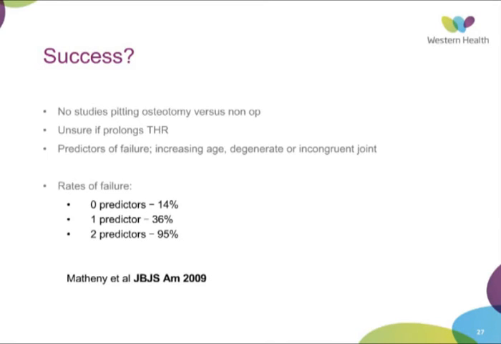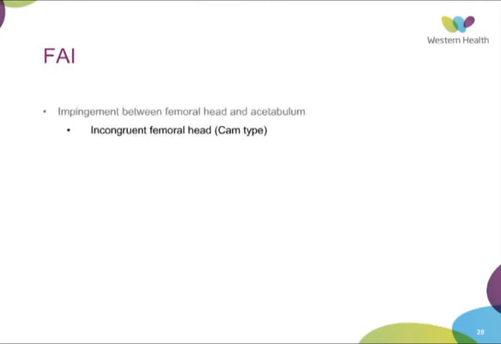Talk about FAI now. It's the second cause of pre-arthritic hips in young patients, and that's impingement, as the name suggests, between the femoral head and the acetabulum. We talk about this in two ways, being cam impingement, where the femoral head's the incongruent part of the equation, or pincer, which is where there's over-coverage of the acetabulum, and even though the femoral head's still congruent, it impinges in extreme internal rotation.